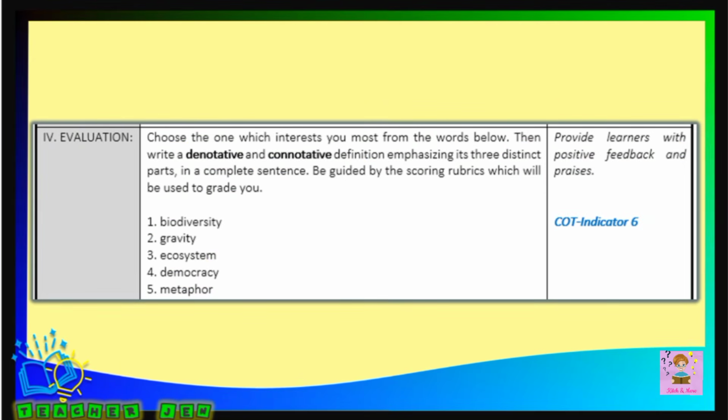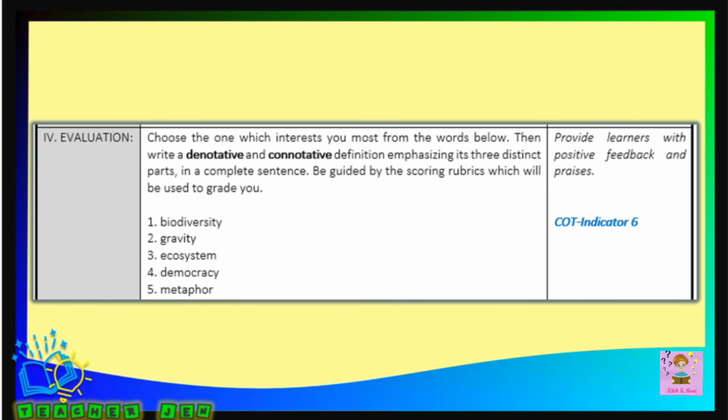Finally, we are in the last part of my lesson plan, the evaluation. Here I am applying the COT Indicator 6. Use differentiated, developmentally appropriate learning experiences to address learners' gender, needs, strengths, interests, and experiences.